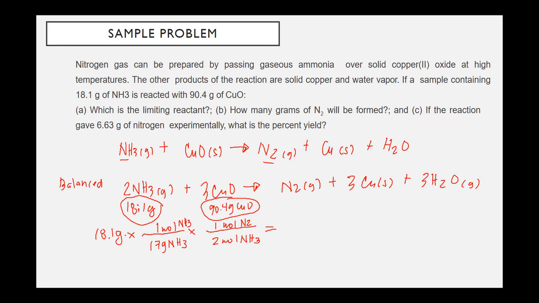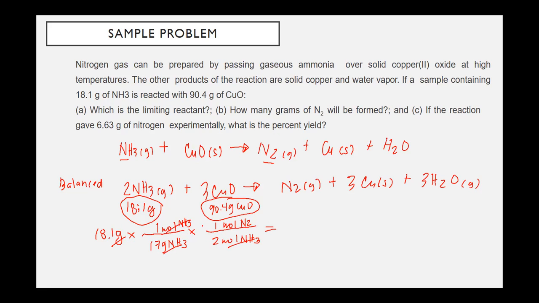Kailangan ko mapalabas yung mole ng N2. So, kailangan ma-cancel ko yung mole ng NH3 and grams ng NH3. Makikita nyo yan, may iwan na lang yung mole ng N2. So, calculate na lang with the values.